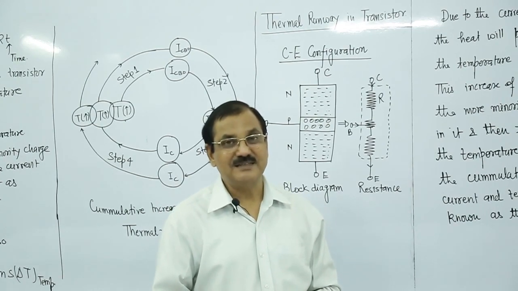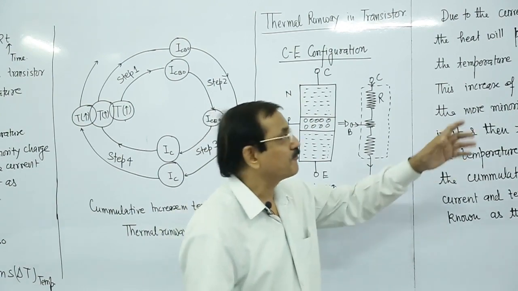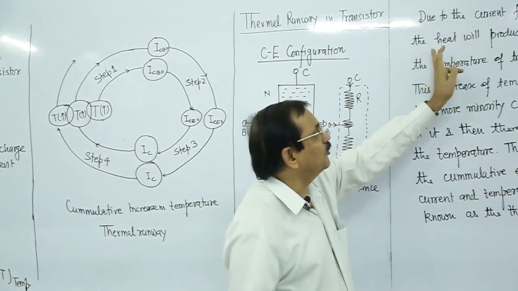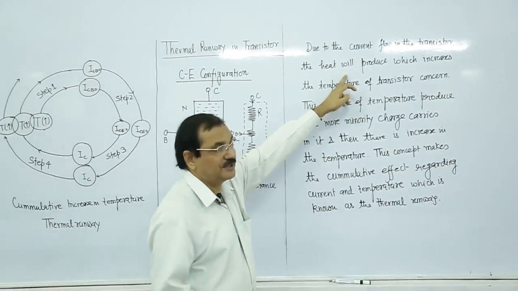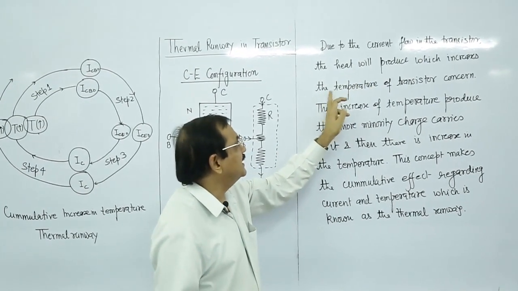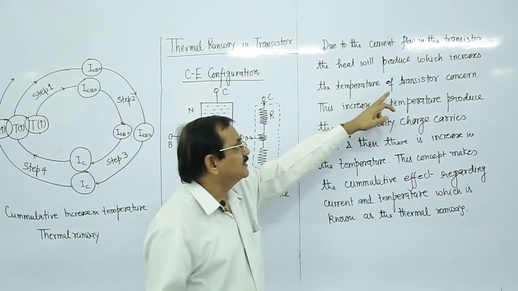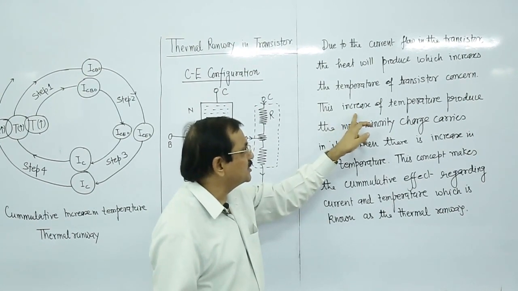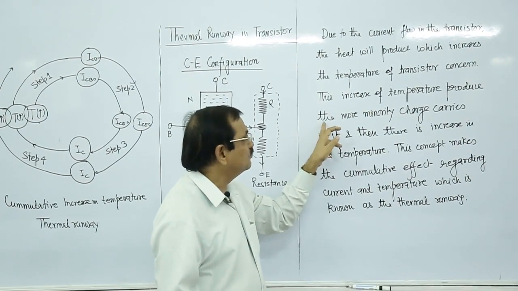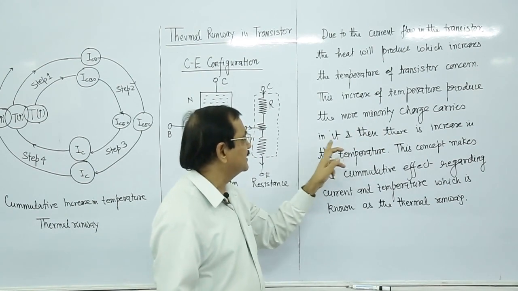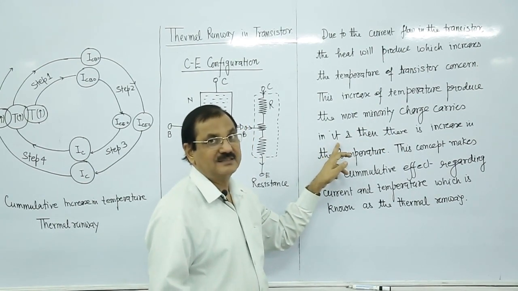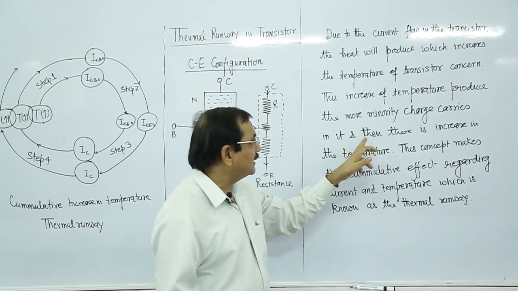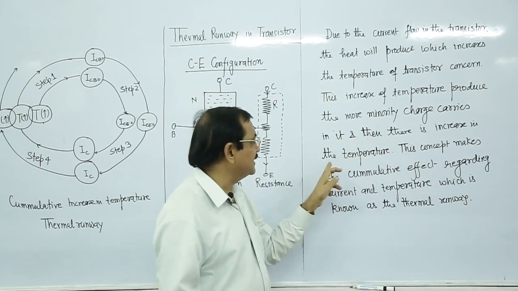So how does this happen, let us see here. Due to the current flow in the transistor, heat will be produced, which increases the temperature of the transistor concerned. This increase of temperature produces more minority charge carriers in the transistor, and then there is an increase in the current and temperature.